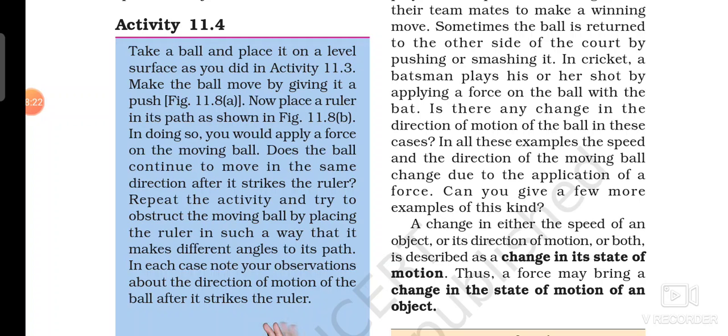नेक्स्ट इफेक्ट ऑफ फोर्स इज इट कैन चेंज द डायरेक्शन ऑफ मूविंग ऑब्जेक्ट. जिस डायरेक्शन में ऑब्जेक्ट मूव कर रहा है अगर बीच में से उसको फोर्स दिया जाता है, right, then that direction will be changed.